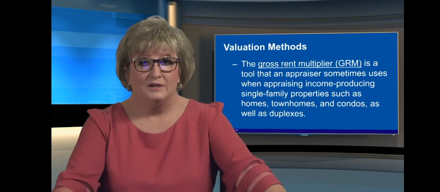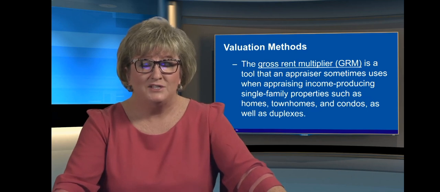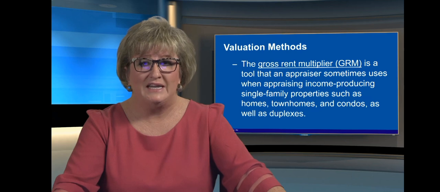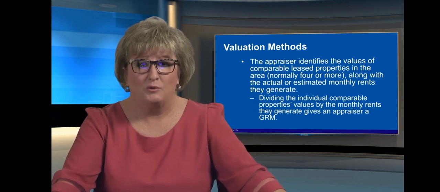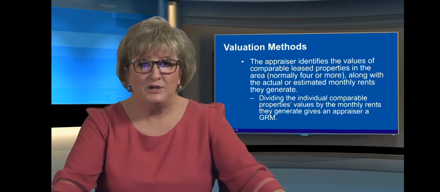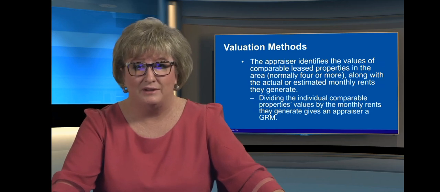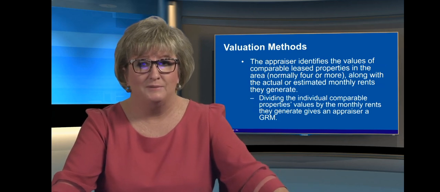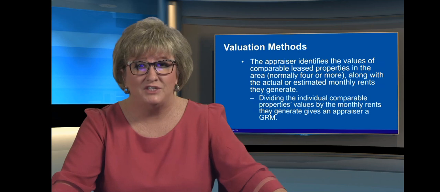The gross rent multiplier, or GRM, is a tool that an appraiser sometimes uses when appraising income-producing properties. To find the GRM, the appraiser identifies the values of comparable leased properties in the area, normally 4 or more comparable properties, along with the actual monthly rents they generate.